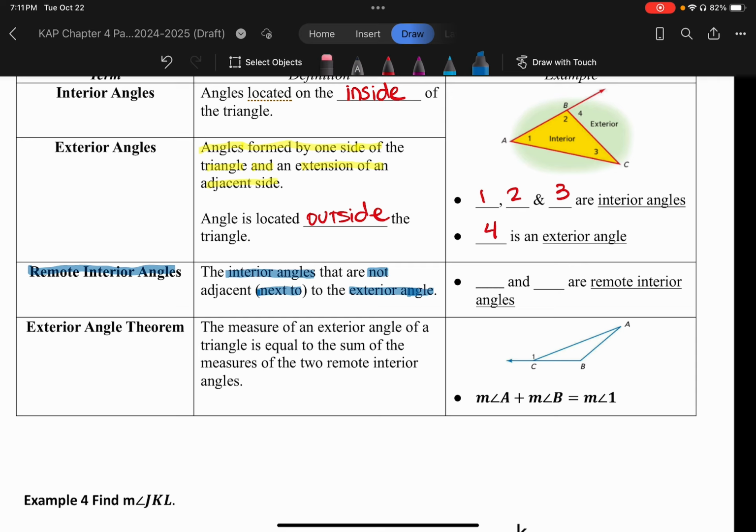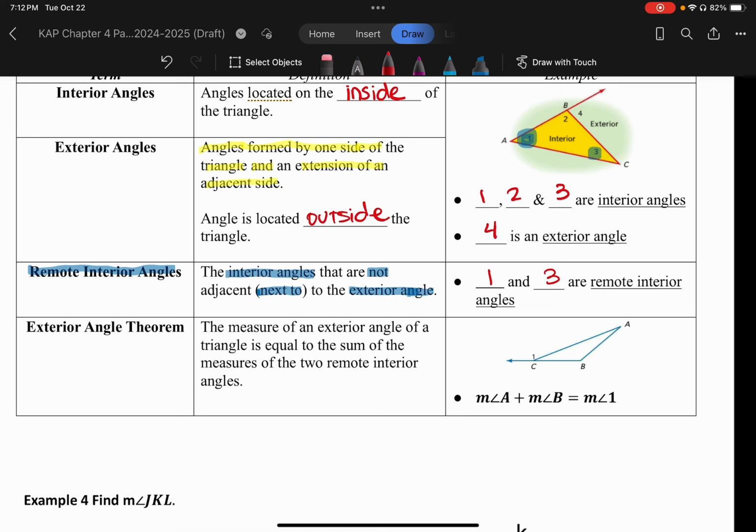So if I look here, my remote interior angles are going to be angles 1 and 3. Notice that these angles are in the interior and they are not directly next to that exterior angle. So fill in the blanks here, we see that angle 1 and angle 3 are going to represent our remote interior angles. Super important to understand.